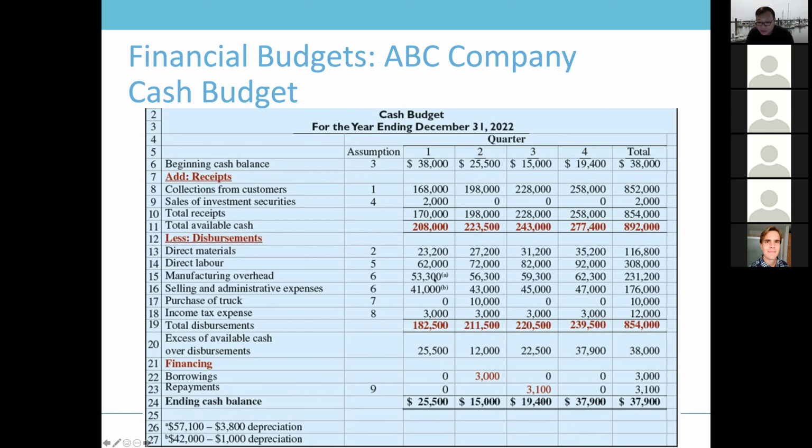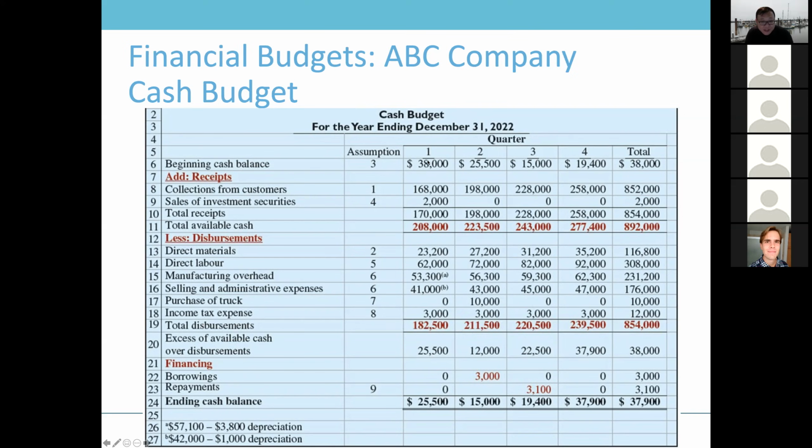You see how we get these two numbers? Okay, so the same idea for the other quarters. Purchase of truck, that costs $10,000, and you are going to buy that truck in the second quarter, based on the information provided. And income tax expense is 12,000 over the year, and you allocate it into 4 quarters, $3,000 for each quarter. So now you figured out the total cash outflow, the total cash disbursement.